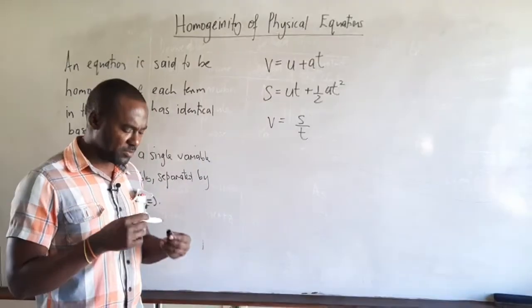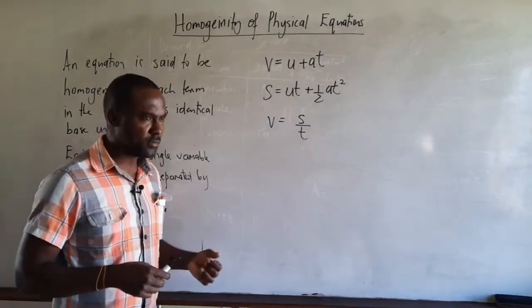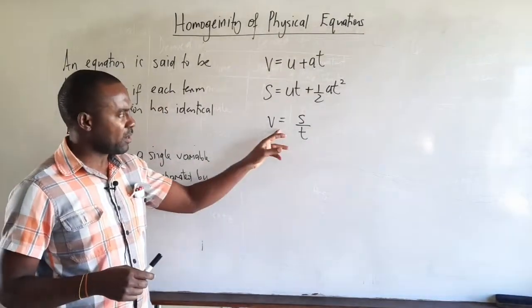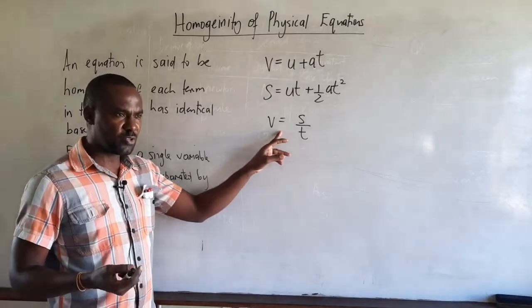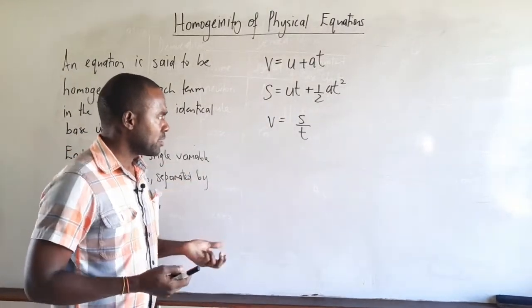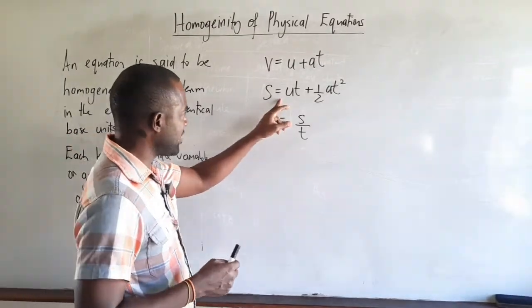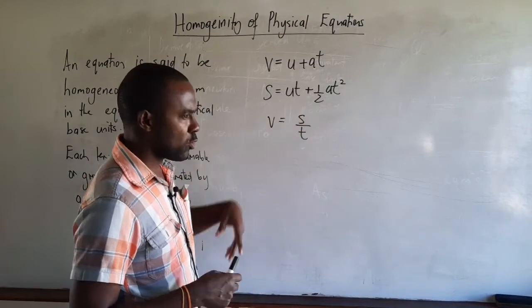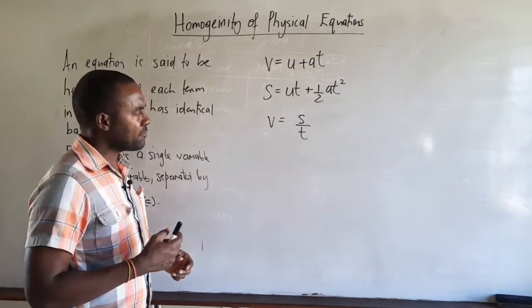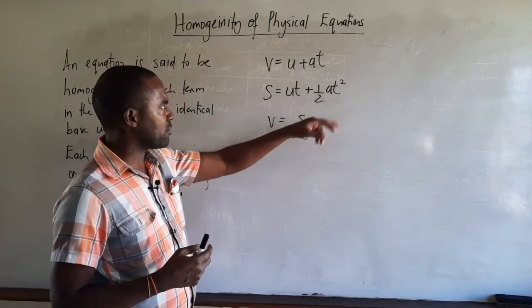What exactly does this mean? In the last equation we wrote, v equals s over t, there's only one sign, an equal sign. 1 plus 1 is 2. We have 2 terms, v and s over t. In the second equation, there are 2 signs, an equal sign and a plus sign. So 1 plus 2 is 3. That gives us 3 terms, s, ut, and a half at squared.